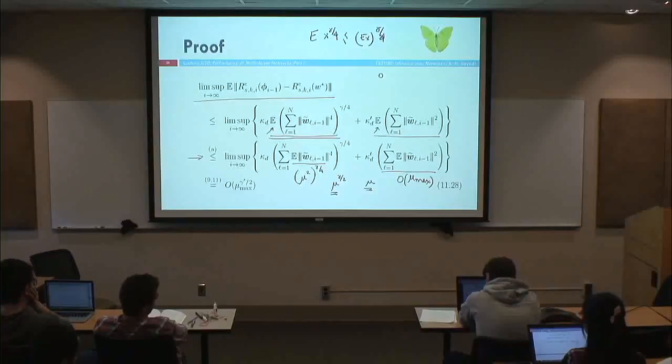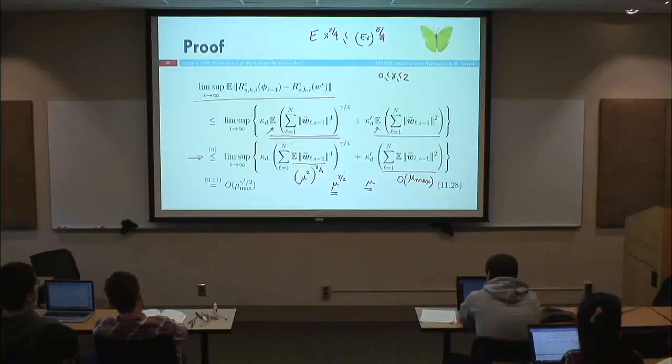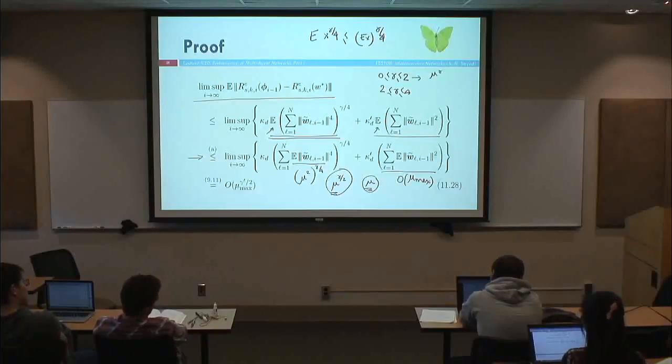So if gamma is between 0 and 2, which one of these will dominate? This one will dominate. And if gamma is between 2 and 4, which one would be larger? Mu. So this should be the answer.